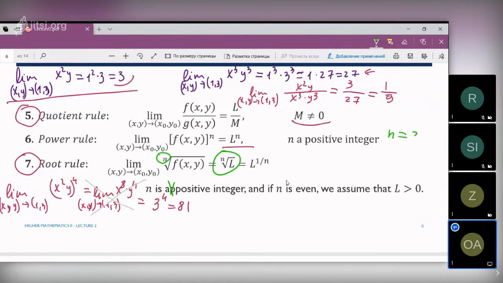If n is, for example, 3, we would have to add it here, so minus 3. So we don't know this one. Or if n is 4, 4 is the root of minus 16. So we don't know this one. It's not defined.